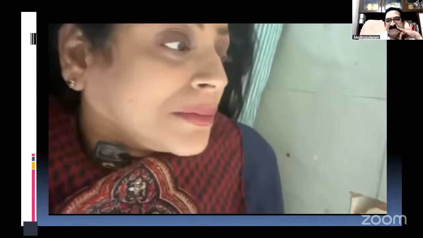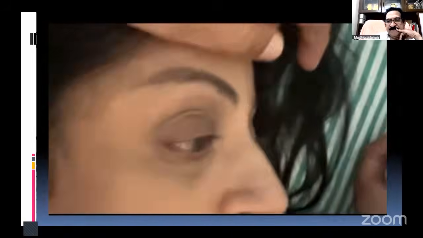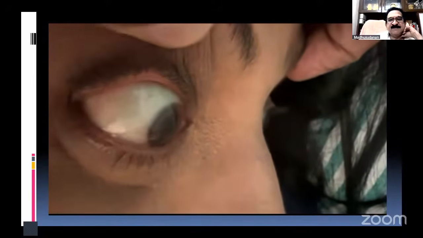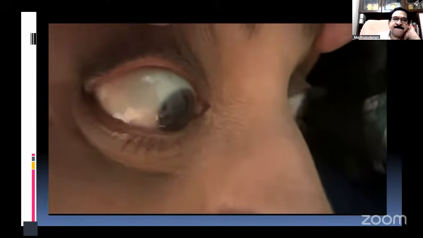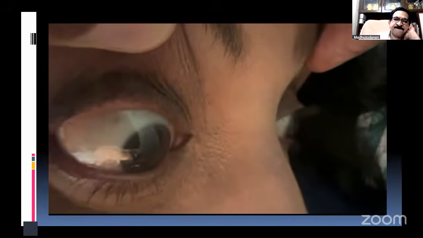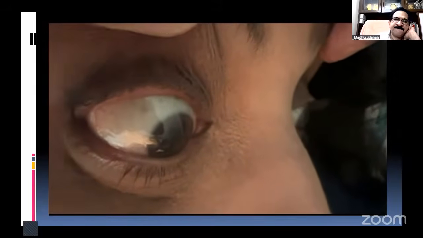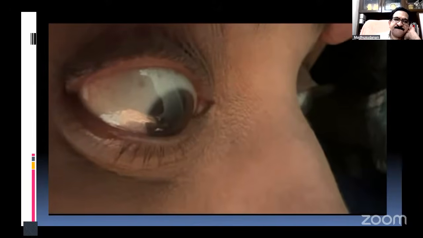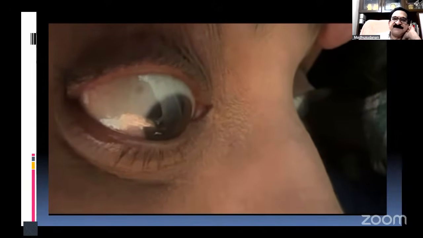Now lying on the left side, this nystagmus is observed. Again it decreases and stops after some time.